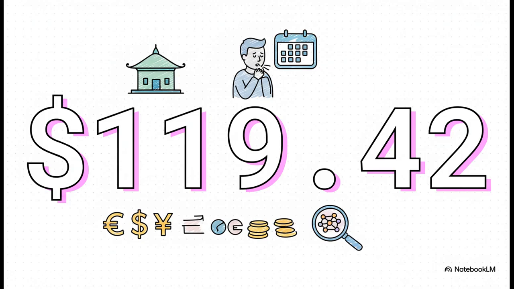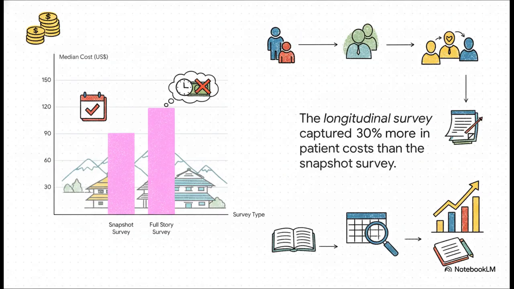That's a 30% jump. This chart just lays it out perfectly. That big gap between the bars, that taller bar represents real costs, real financial pain that was completely missed by the simpler survey. It just goes to show you the way you measure a problem literally changes the size of the problem. So the question is, where is all this extra cost coming from?